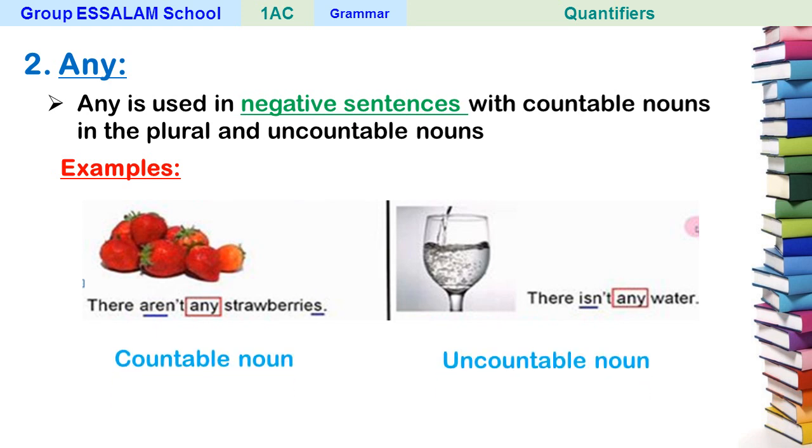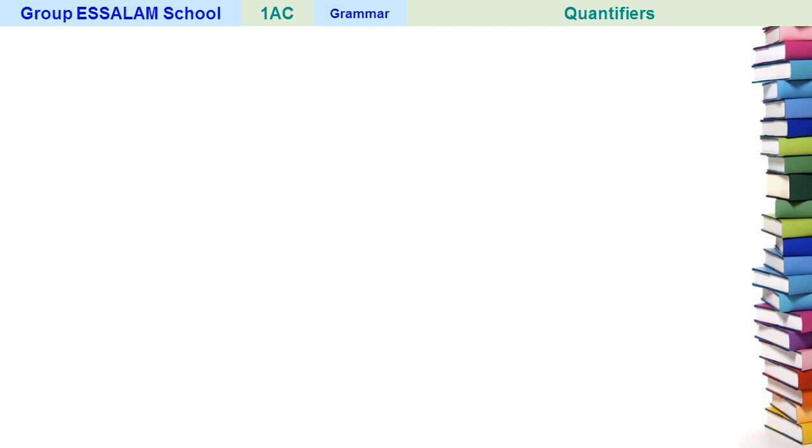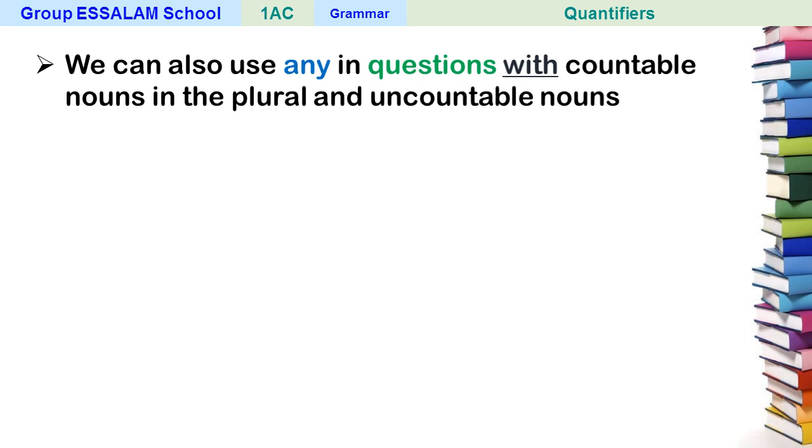That's it. Now let's see the second rule about any. We can also use any in questions. Wow, in questions? With countable nouns in the plural and uncountable nouns. Now look at this, guys. We have already discussed that some we can use in questions, but which kind of questions?